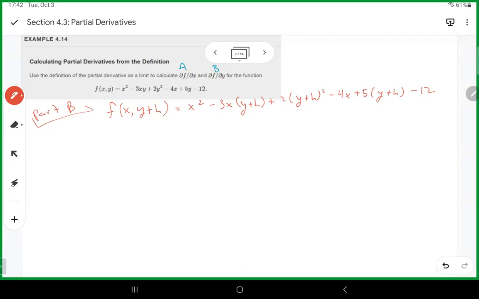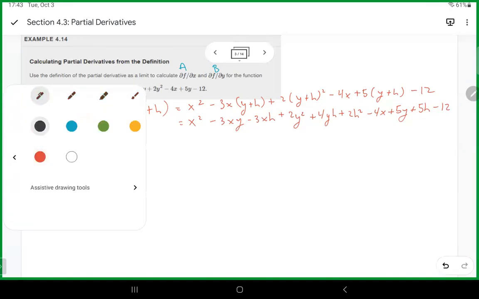And now we want to go through and simplify. x squared minus 3xy minus 3xh plus 2y squared plus 4yh plus 2h squared minus 4x plus 5y plus 5h minus 12.